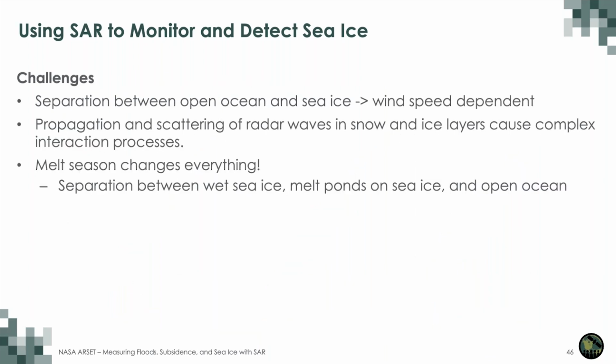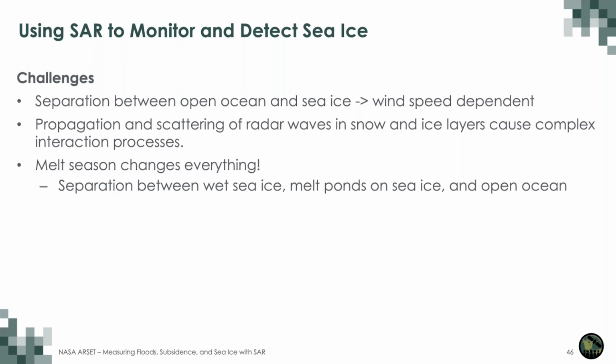The melt season. I already showed you some images. The melt season changes everything. The separation between wet sea ice, melt ponds on the sea ice, and open ocean is very challenging. We're trying to separate also between the open ocean and the sea ice. In the open ocean, we can have the wind affecting the areas there, so the backscatter values are wind speed dependent.